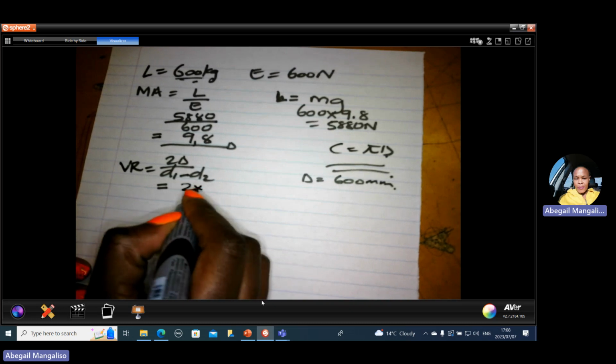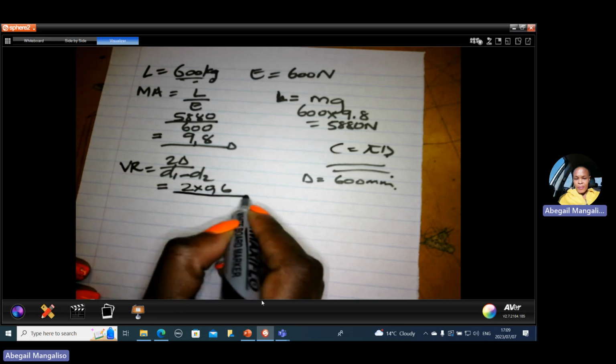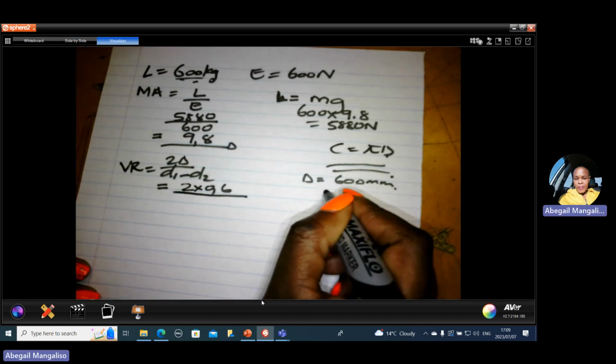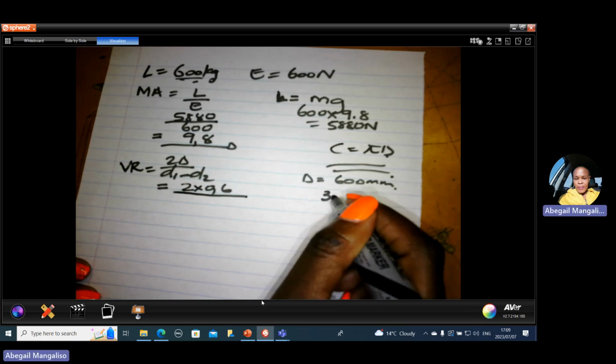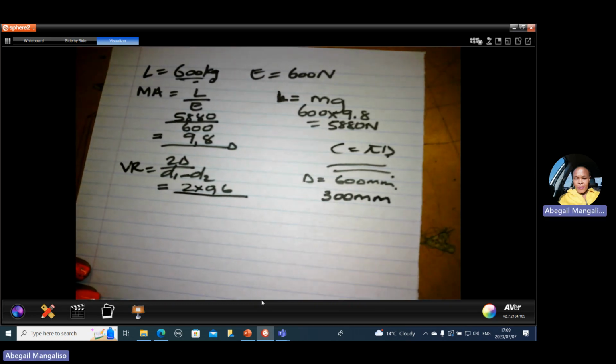It will be 2 times 0,6 divided by the smaller diameter, which is 300. Remember, I said since the question has an error, we're going to work with 300 millimeters, not 300 meters. The axle cannot be larger than the wheel.